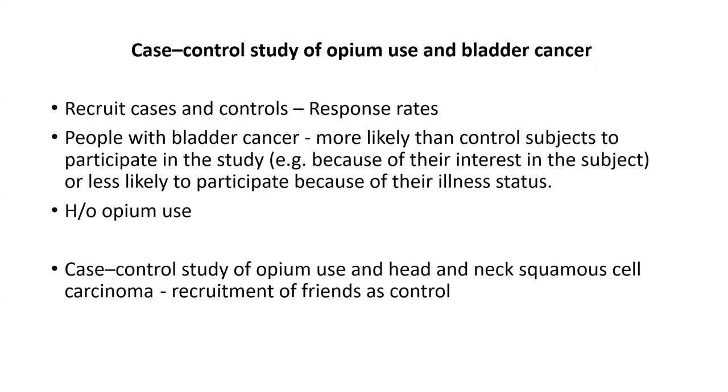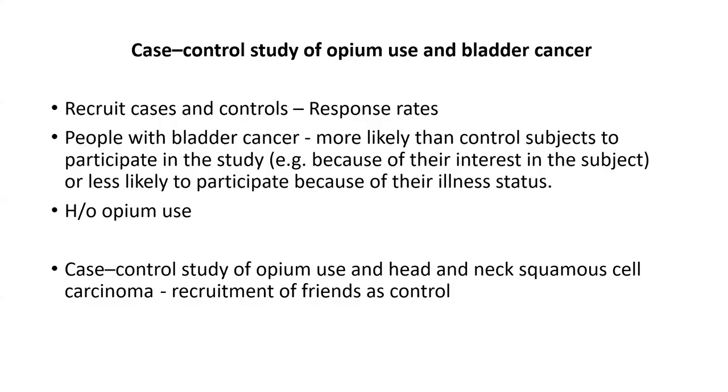This is another example. Now you have to tell me what is the bias here. You have a case control study of opium use and bladder cancer. First, you are selecting cases, people who have bladder cancer. There itself, the question is, will you be able to recruit all patients with bladder cancer?